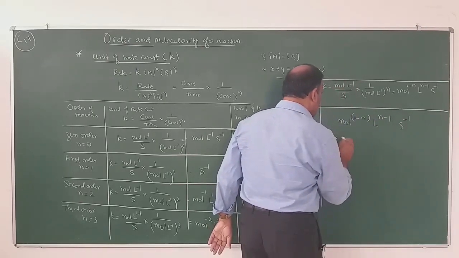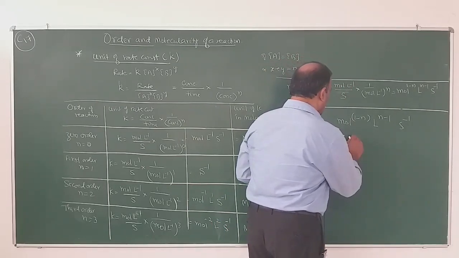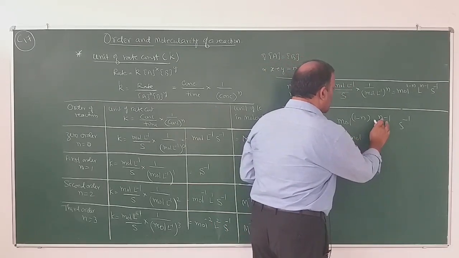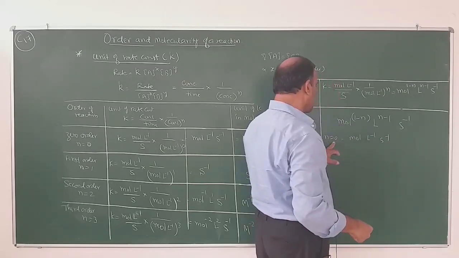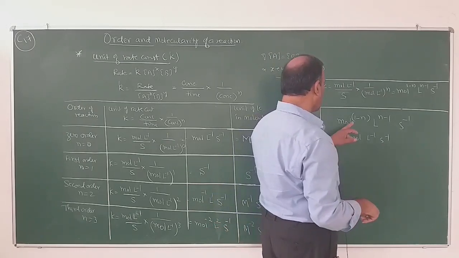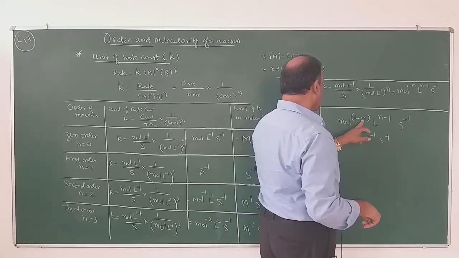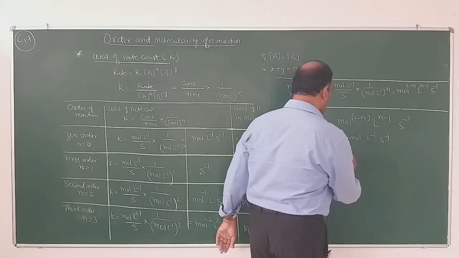If n equals 0, mole liter minus 1 second minus 1. So this is for zero order reaction. Similarly n equals 1: 1 minus 1 is 0, 1 minus 1 is 0, second minus 1.